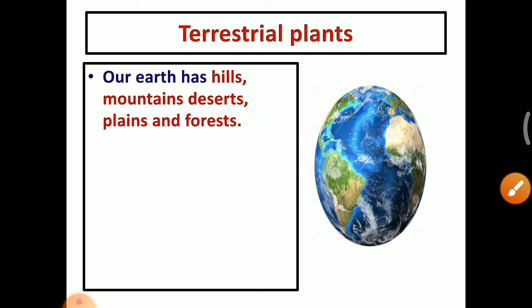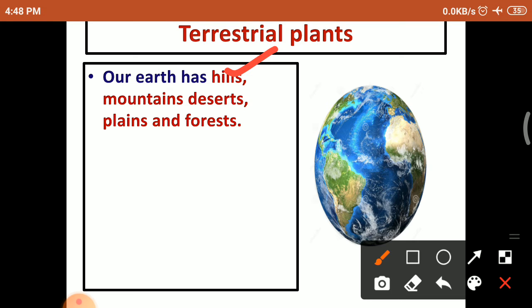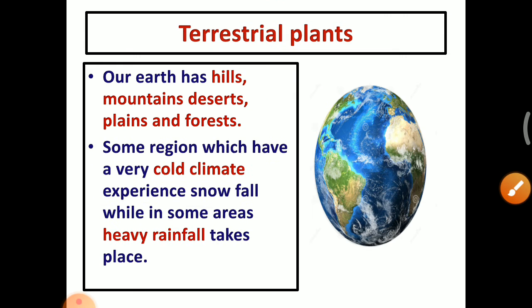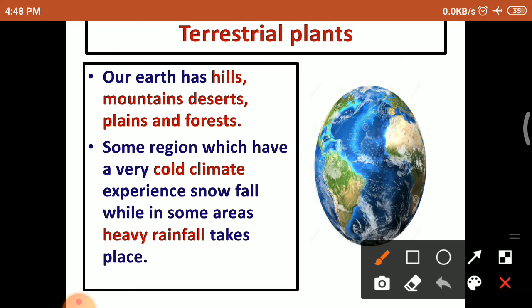And this land includes hills, mountains, desert, plains, and forest. Some regions which have a very cold climate experience snowfall, while in some areas heavy rainfall takes place. Where do you feel a very cold climate?